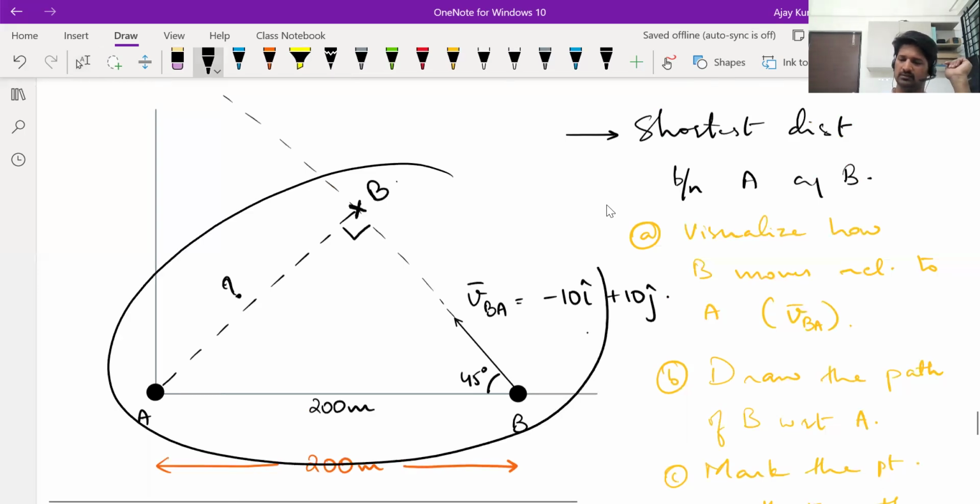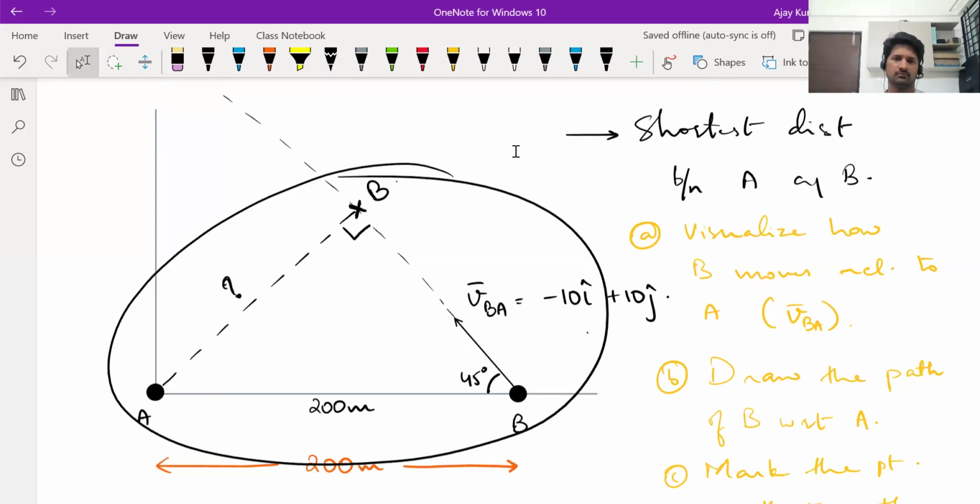The answer lies in this. You have to make use of this right angle triangle that you formed. How to find out this distance?